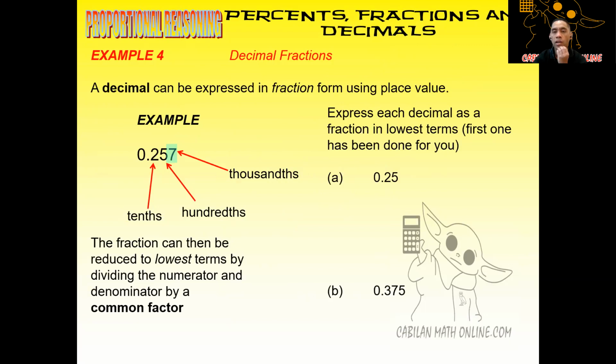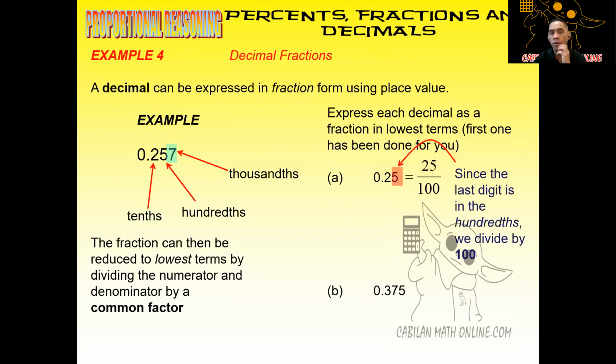Okay, so the first one again has been set up for you. So what we have here is 0.25. So step number 1 here, you always take a look at the last digit, which in this case here is the 5. Okay, and then you have to ask yourself, what place value does that 5 belong to? Now, if you take a look at the guide there, the 5 belongs in the hundredths column. So what we're now going to do here, we're going to take the whole number here, which in this case here is 25, and then put it over 100.